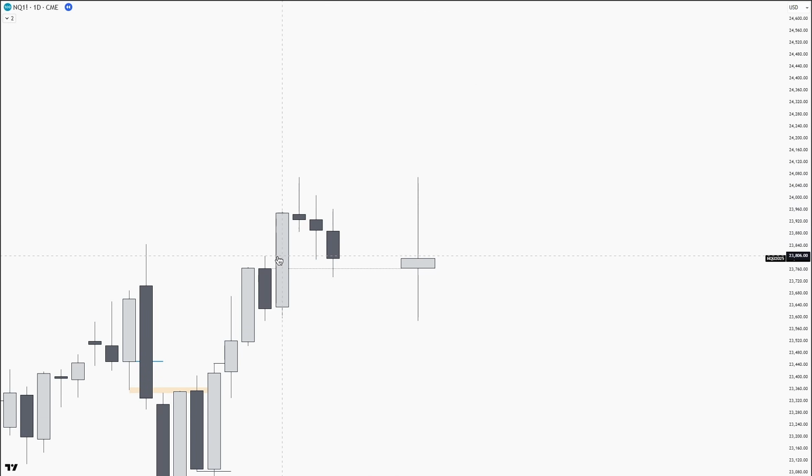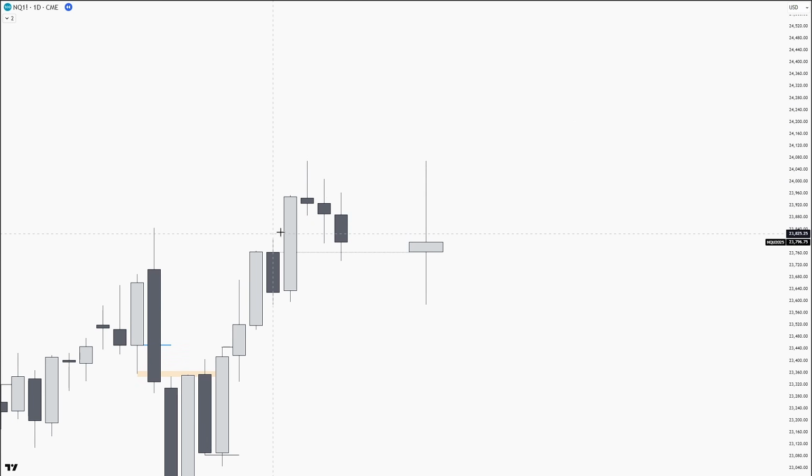It closed below this fair value gap, validating the idea of the bearish bias, which is the first reversal signature and uses an inversion fair value gap, expansion met with expansion. Now we can expect the Monday candle to go lower mechanically to go for the previous day low.